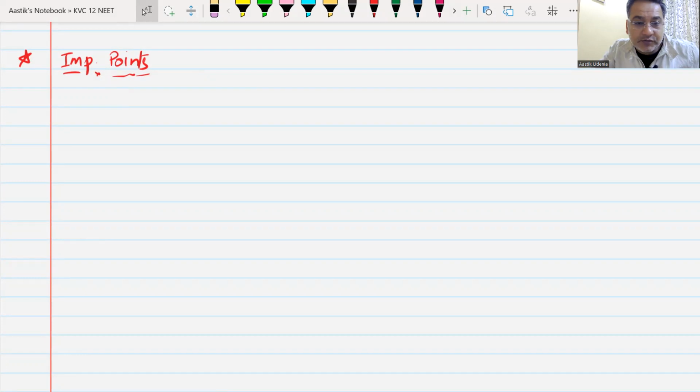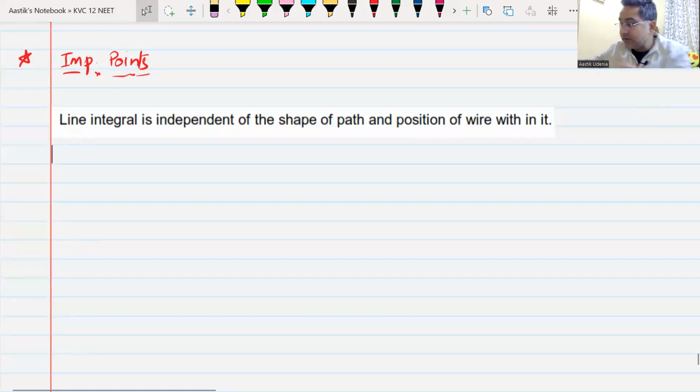So the first important point that we are going to see is this one. Line integral is independent of the shape and the position of wire. Any shape wire, any shape loop, position of any wire, it does not depend on it.